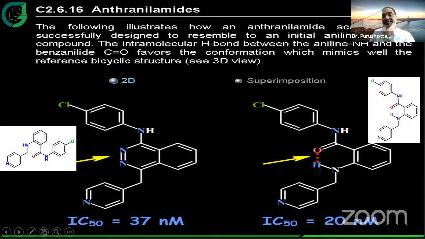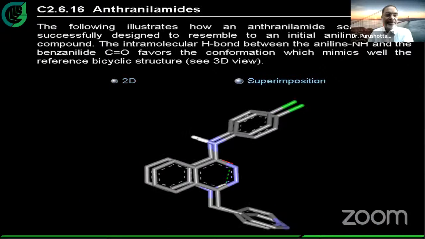So you understand how strong the internal hydrogen bonding is in structure-based drug discovery, or while you are synthesizing and ultimately designing the molecules. We have seen this in another example.